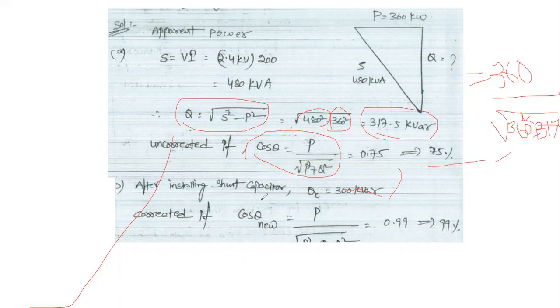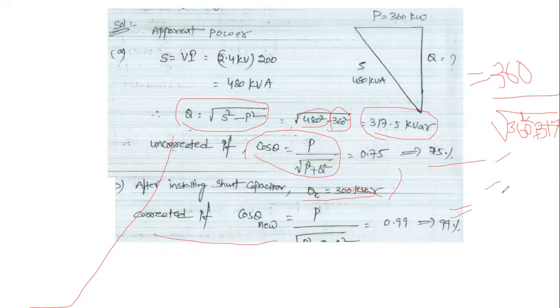After installing the shunt capacitor correction, what is the corrected power factor? That is cos theta new. After correcting with the shunt capacitor, Q is equal to 300 kVAr, which is given in the question, and then we substitute power equal to 360.